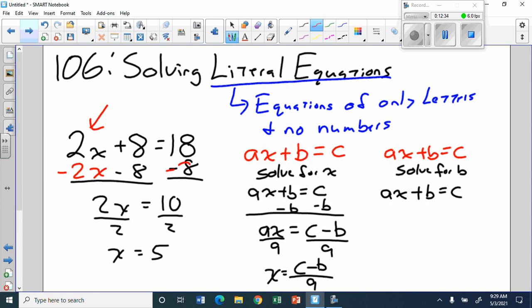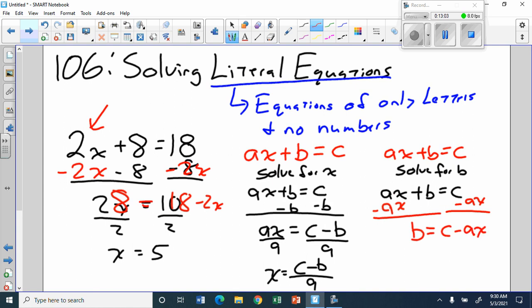I would have done the same thing over here, so 2x minus 2x would have left me with 8 equals 18 minus 2x. Now that doesn't help me much in this one, but it will in this one. If I want to get b by itself, I'm going to remove this ax from both sides. ax minus ax is gone. b equals c minus ax. That's solving literal equations.